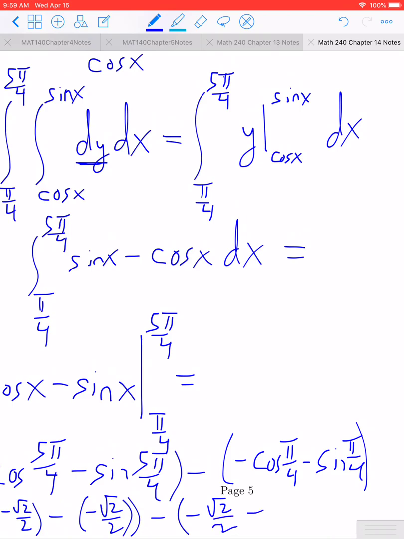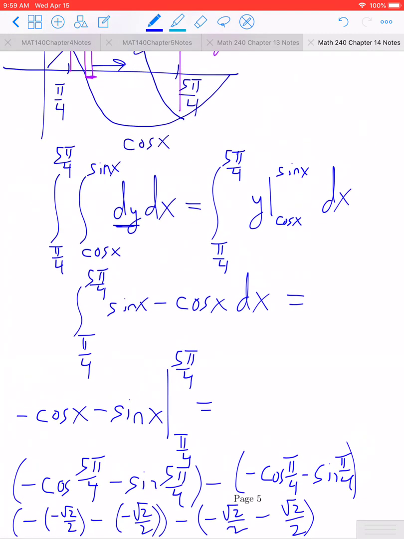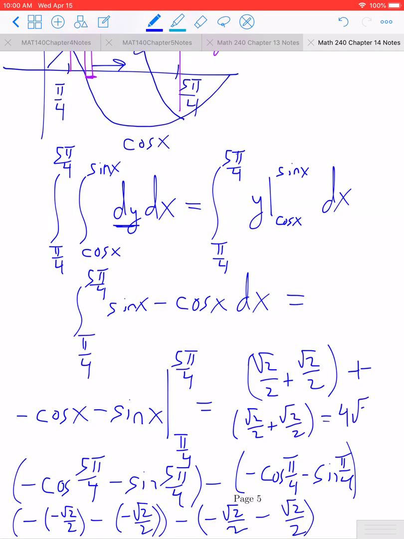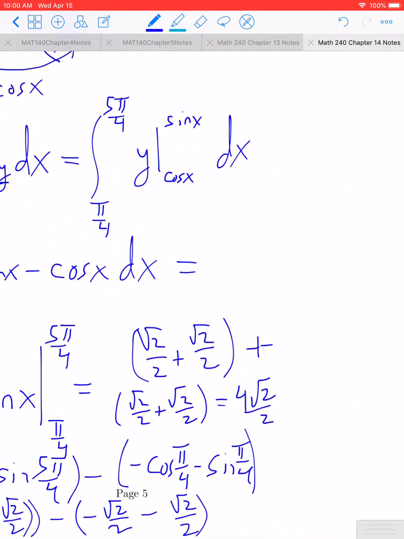The sine of pi over 4 is also square root of 2 over 2. This is going to give us a positive square root of 2 over 2 plus square root of 2 over 2. If I distribute the negative sign in, I'm going to get another plus square root of 2 over 2 plus square root of 2 over 2, which gives us 4 square roots of 2 over 2, which is going to be 2 square roots of 2.